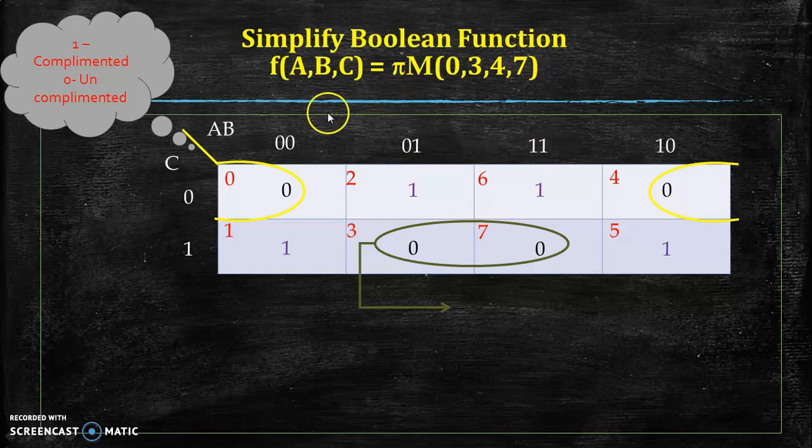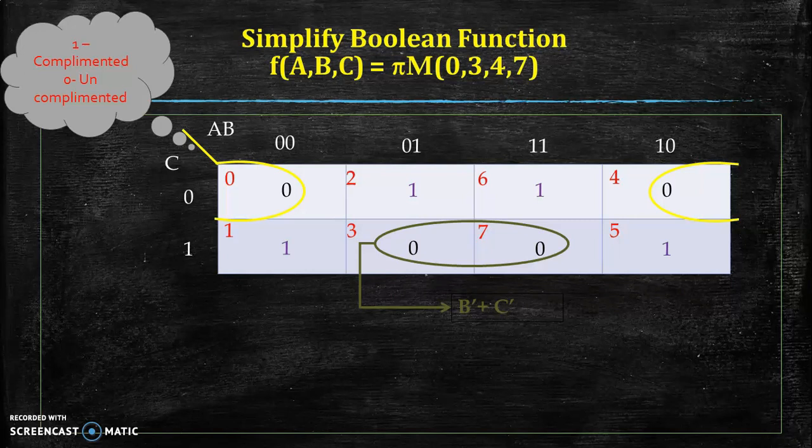B is common, 1 and 1, so we can take that into the sum term. 1 is complemented, so we have to take B bar. In the same way, C is also 1, so C bar. So we can write our sum term as B bar plus C bar.